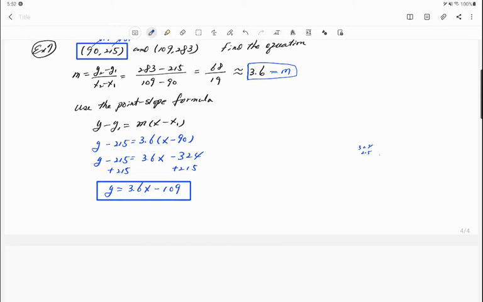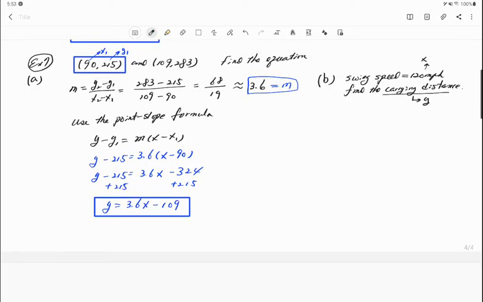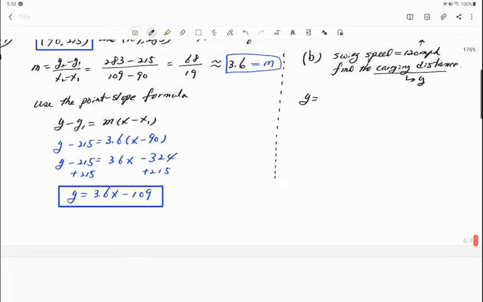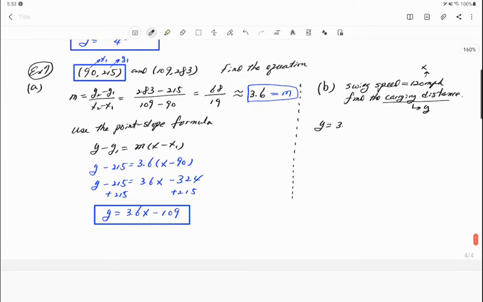All right, then letter B. Okay, the next question is this one. If the swing speed is 120 miles per hour, then what is the carrying distance? So we can use 120 for x, and then we will find y. We can use the formula that we just found from letter A. So let's plug in 120 for x.